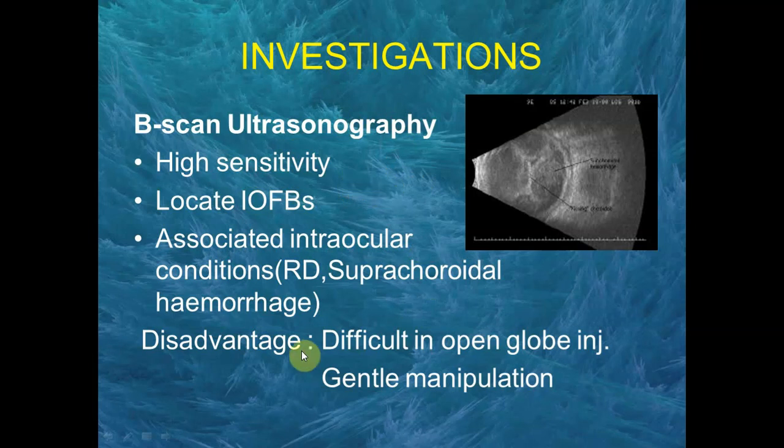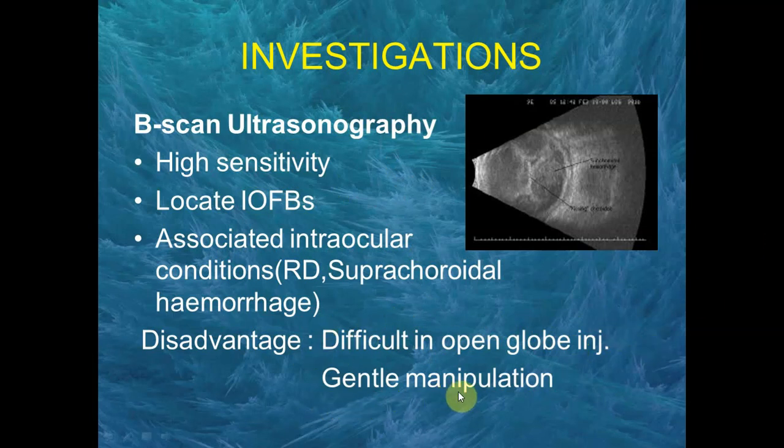But what are the problems with the B scan? It is very difficult to do in the case of open globe injuries. What we do in a B scan is we take a probe, put some jelly on top of it, and run that probe over the closed eye of the patient. So we are putting a significant amount of pressure on the eye while doing this investigation, which is not advised.